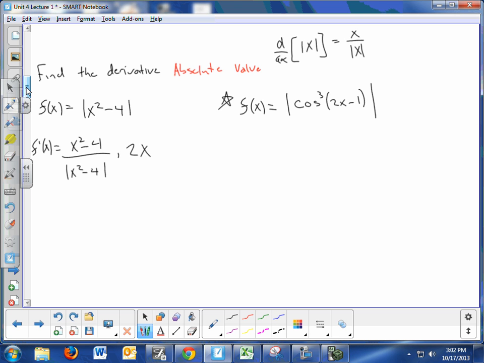That will just be 2. Check your answers with a neighbor. Most of you are good to go. Some of you aren't going far enough with your chain rule. Some of you are good.